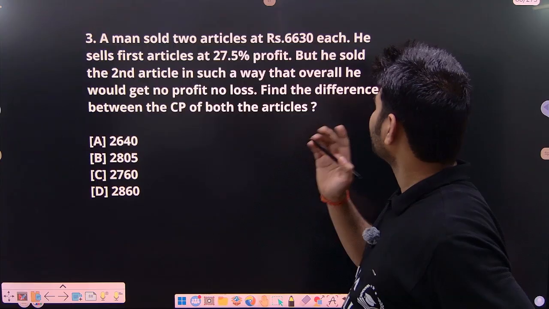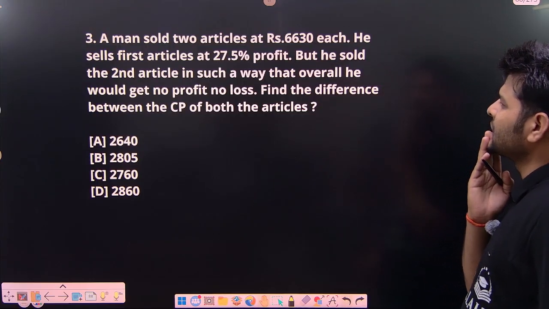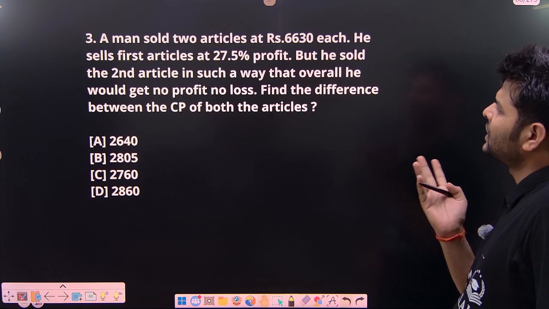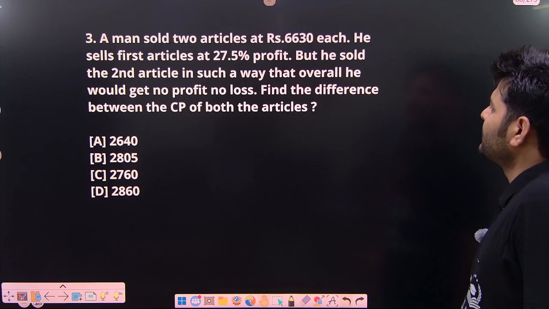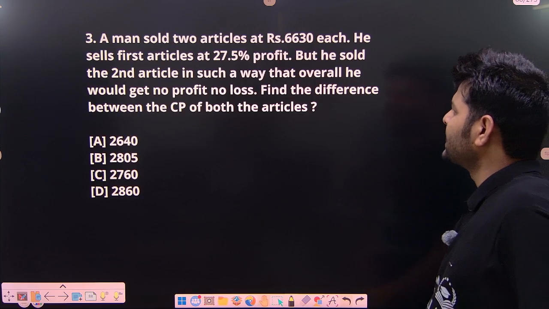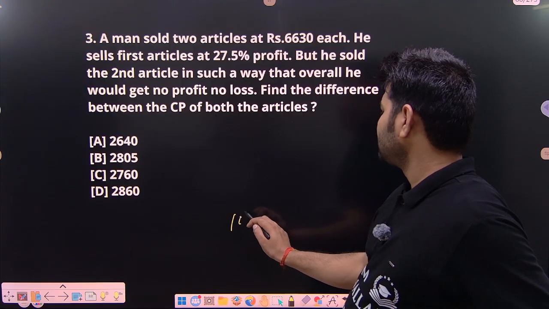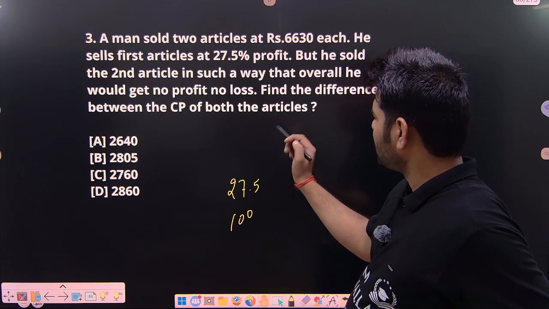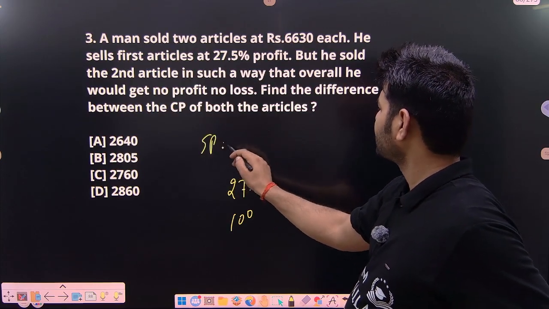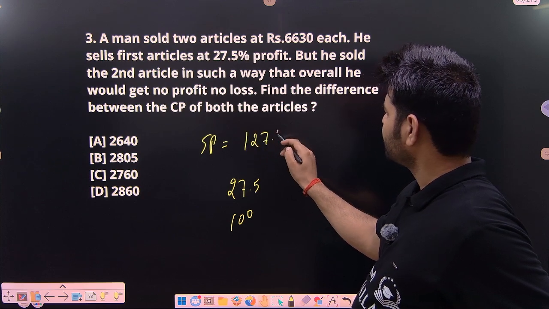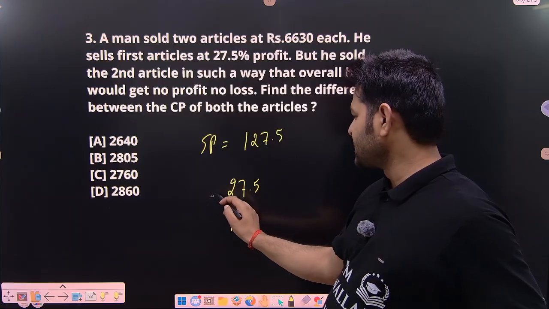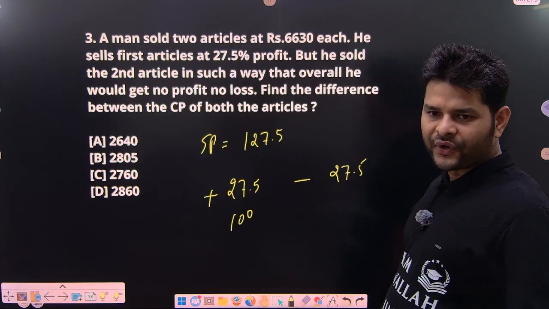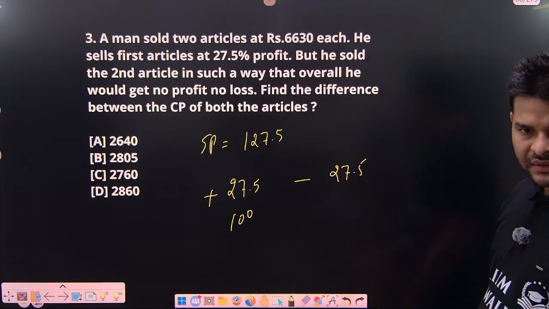But he sold the second article in such a way that overall he would get no profit, no loss. Find the difference between the CP of both the articles. If CP is 100, 27.5 is profit, then SP would be 127.5. If this is profit, I need to make the same as loss. For no profit, no loss, the same should be loss.